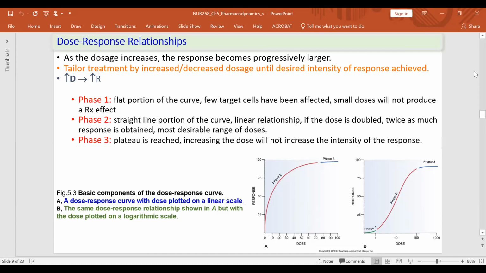And then in phase 3, the curve levels off, and bigger doses are unable to elicit a further increase in response. Phase 1 is not indicated in A because very low doses cannot be shown on a linear scale.